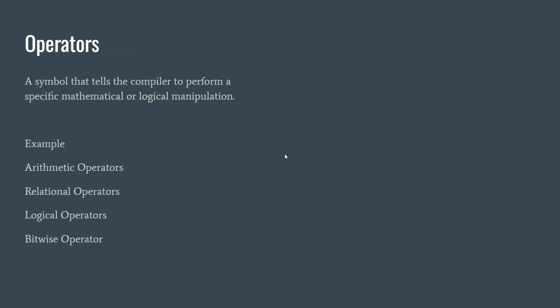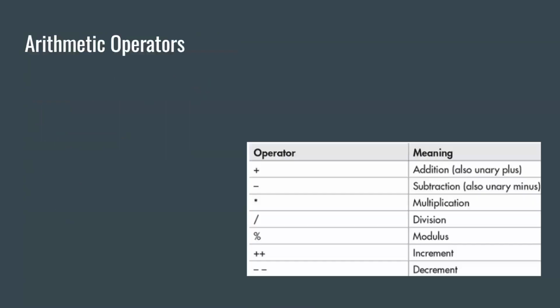An operator is basically a symbol that tells the compiler to perform a specific mathematical or logical manipulation. Examples would be arithmetic operators, relational operators, logical operators, and bitwise operators. For arithmetic operators, there are 7 notable ones.